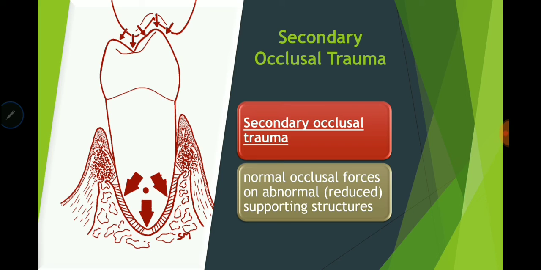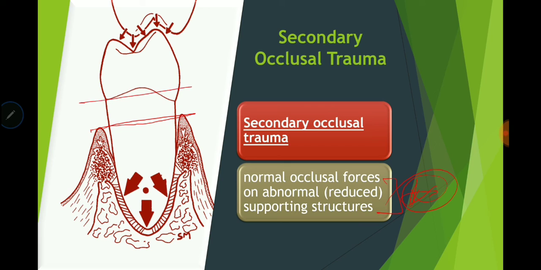So it's the secondary occlusal trauma. It's the normal occlusal forces on abnormal or reduced structure support, reduced supporting structures. Okay, so you can see here the CEJ, you have some gingival recession.